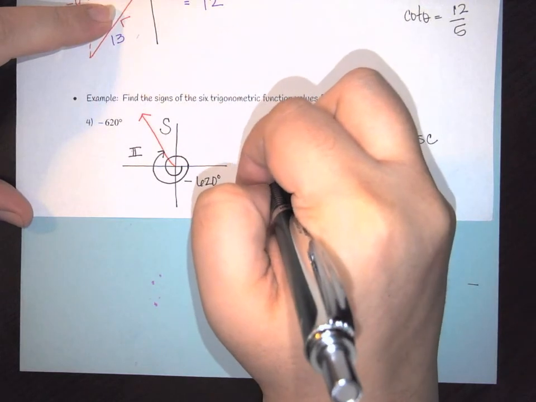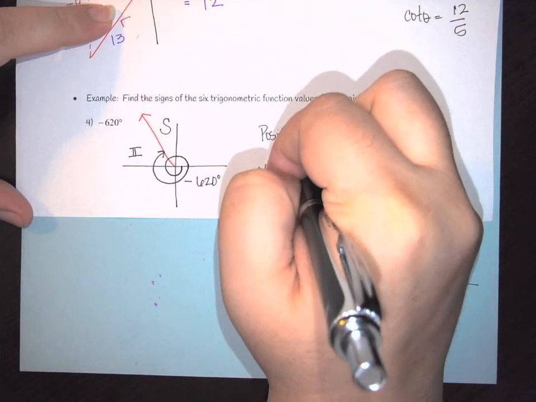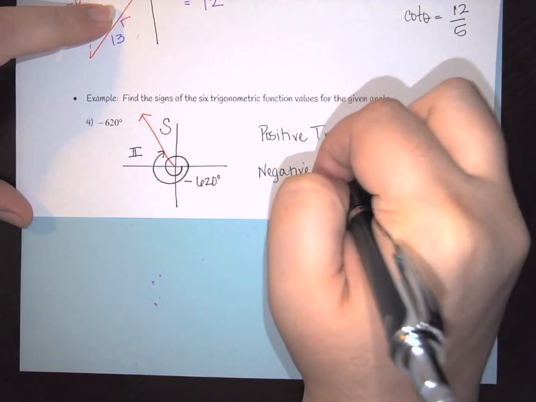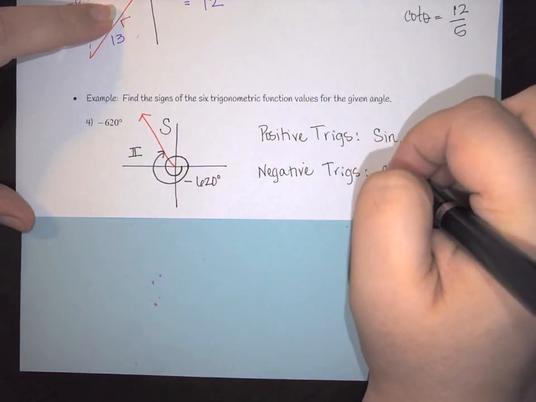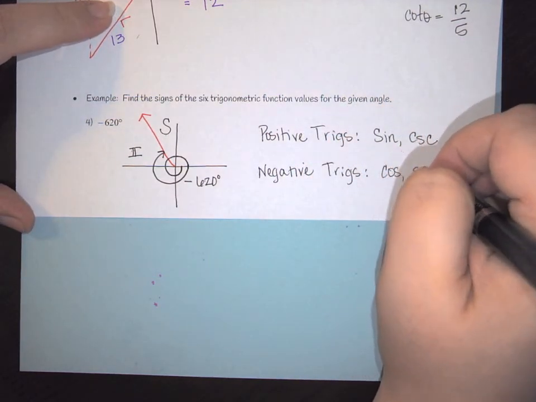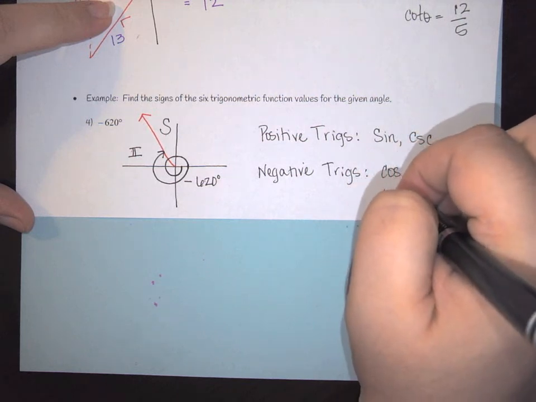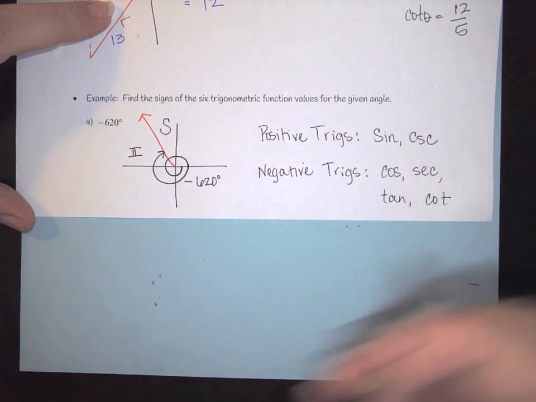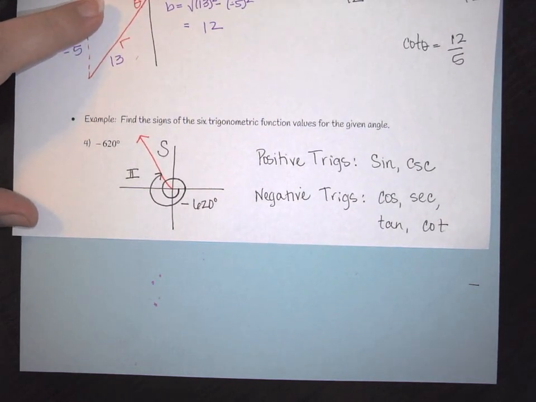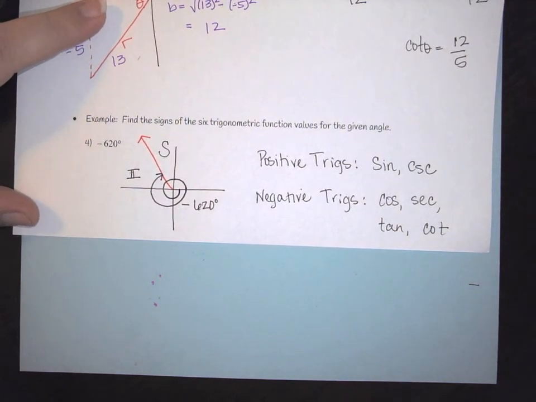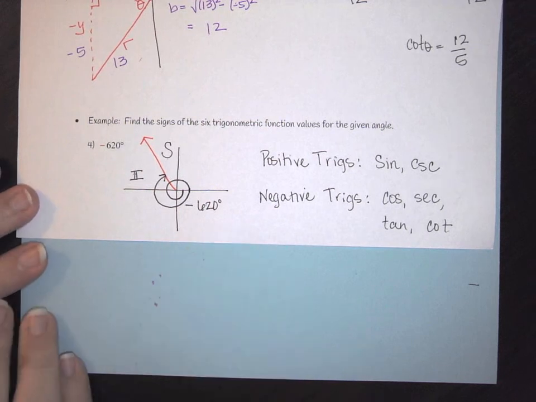In terms of negative, we are looking at all else. So this would be the cosine, your secant, your tangent, and your cotangent. And that is all that this problem was actually looking for, just to see if you remembered all students take calculus.